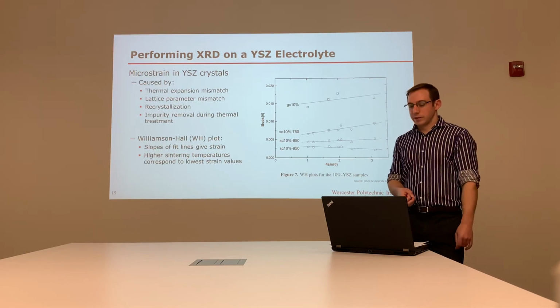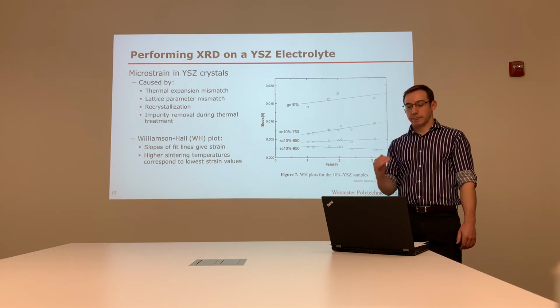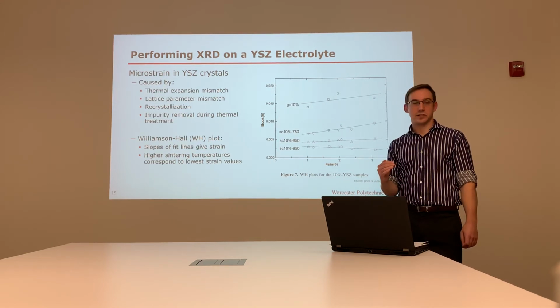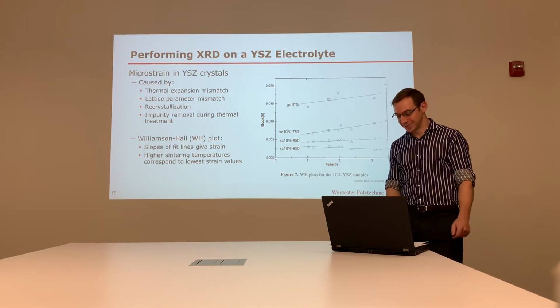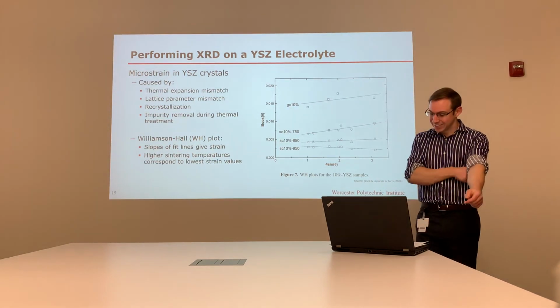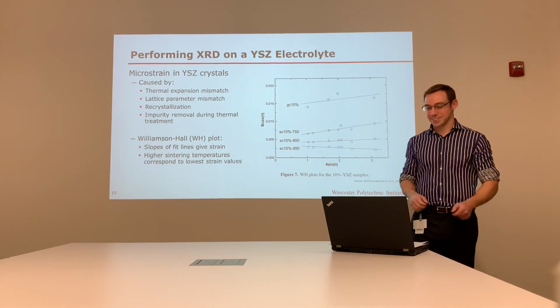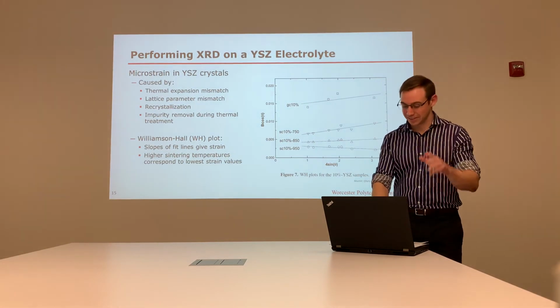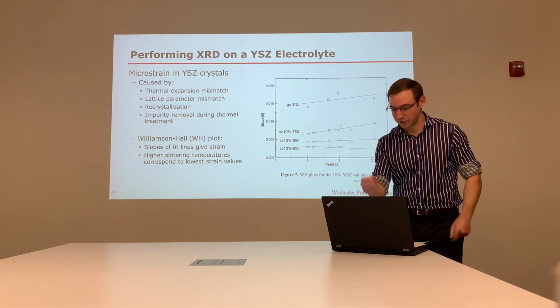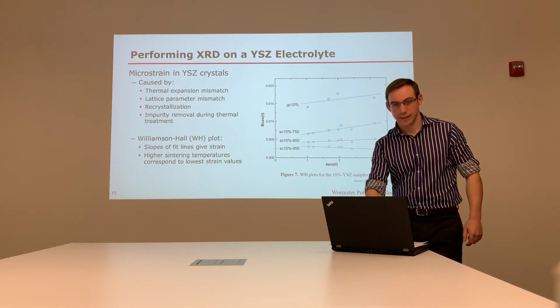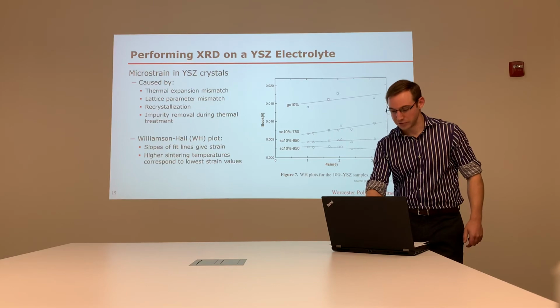Now, you'll see that the microstrain is reduced as the sintering temperature increases, until up to 950 Celsius, where in this particular case, the authors referred to it as an unphysical shape. So that data is a little off, but in general, the strain decreases as the sintering temperature increases.